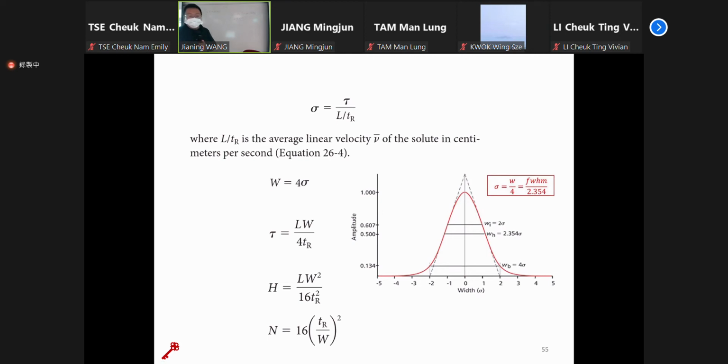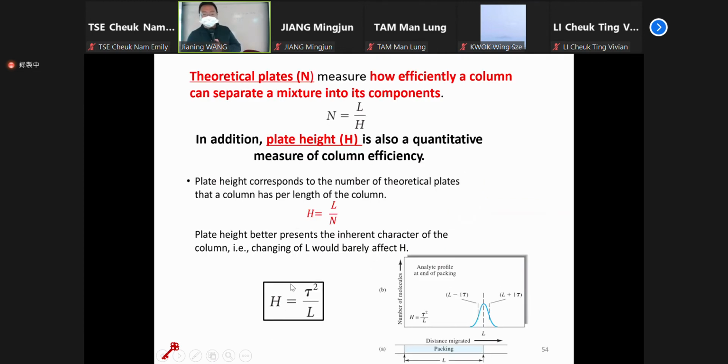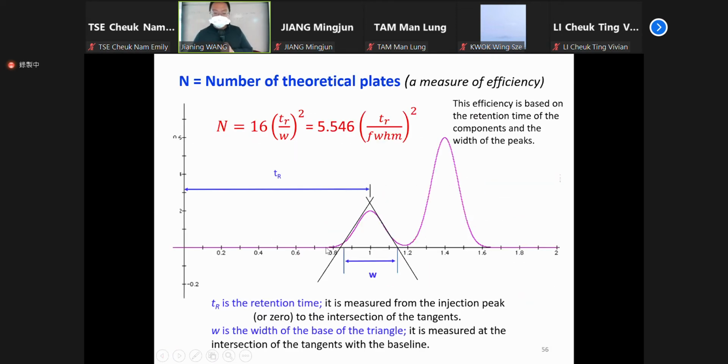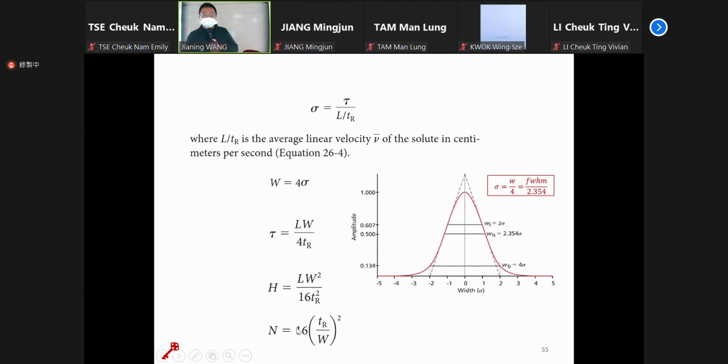We can measure tR, right? And we can measure the width directly; it's also just time information. Of course, we know the length of the column. And using the simple relationship between the plate number and plate height, we can get the plate number as this one.